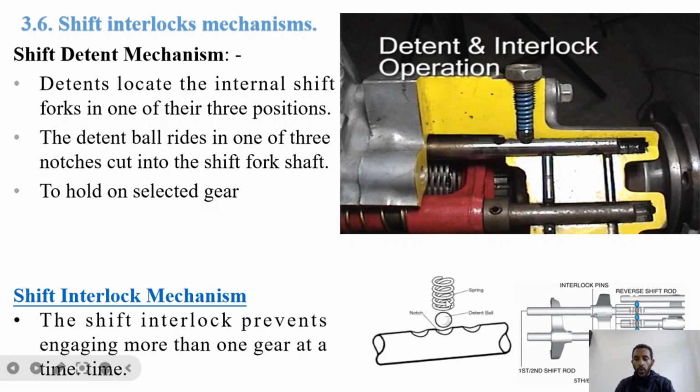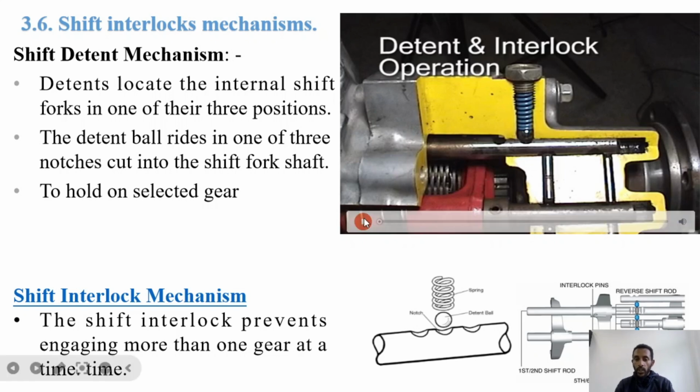It has a spring-loaded ball and notches, so it will hold the gear. Sometimes the shift lever can come out of gear while driving, and the problem will be this detent mechanism. And the shift interlock mechanism prevents simultaneous engagement of two gears.